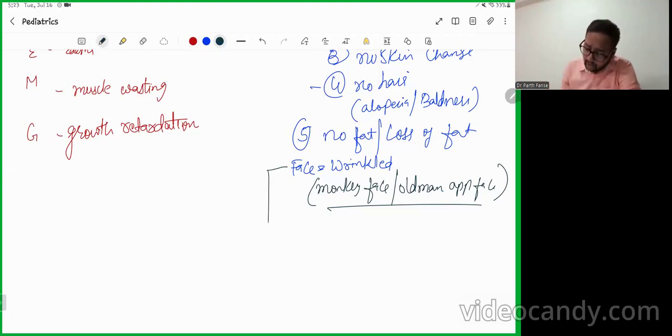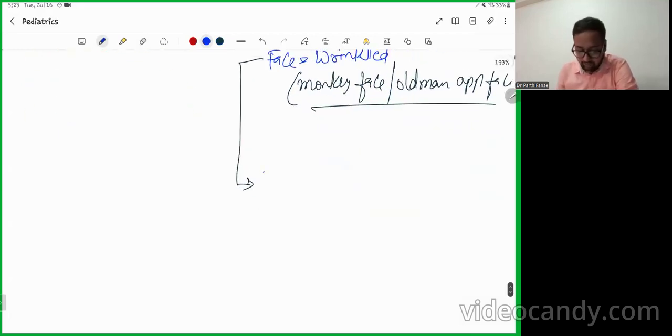But along with the face there are loose skin folds.